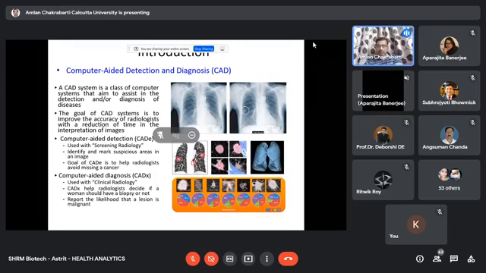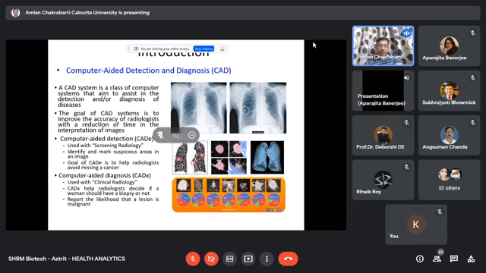We can try to find out the nodules in the digital X-ray. We can try to find out the tumor or the lesions from the brain MRI or from the spine MRI. So this is step one, which is meant by detection.